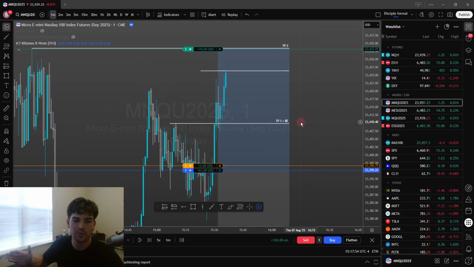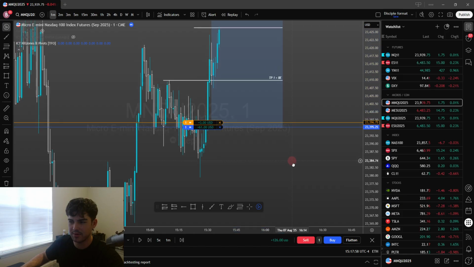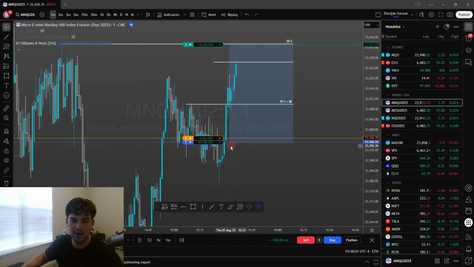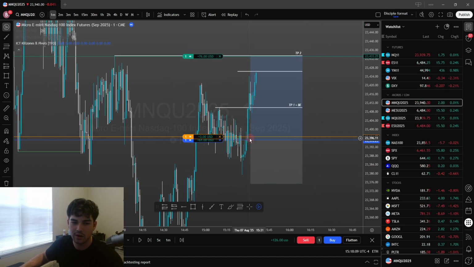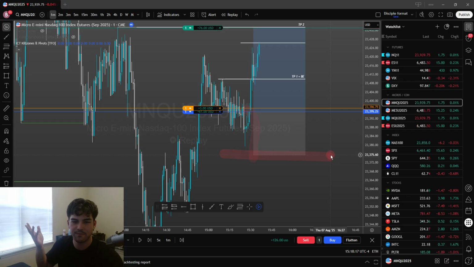Instead of going for home runs every day, it'll move my stop up. So that's my stop. If you're not aware, the stop, I just moved up. I had this down here initially. So if I'm wrong about this idea, then I'll know quickly and it'll come down, and then I'll lose my 150 bucks, whatever.